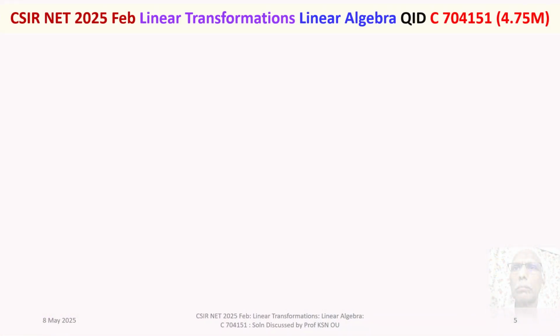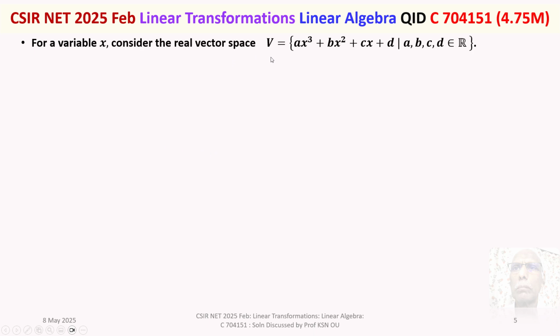The given question is, for a variable x, consider the real vector space V equal to the set consisting of ax cube plus bx square plus cx plus d, where a, b, c, d are real numbers.